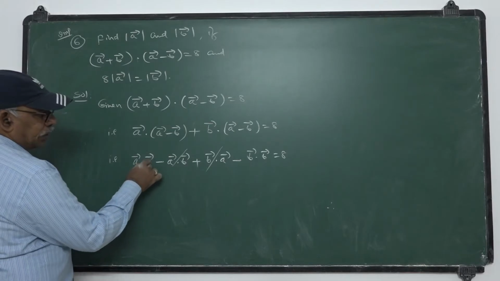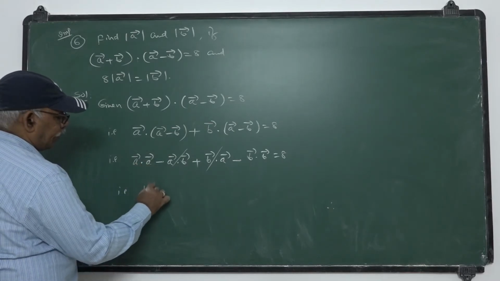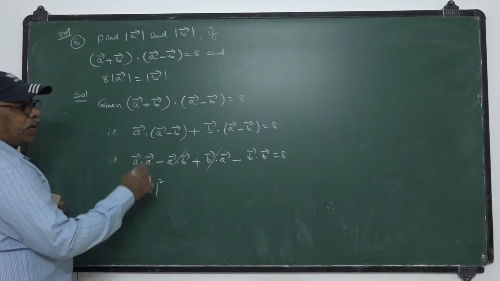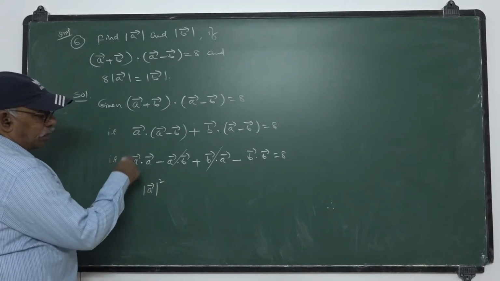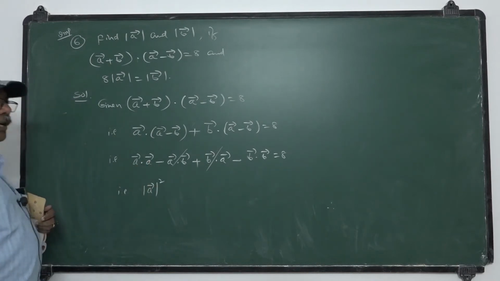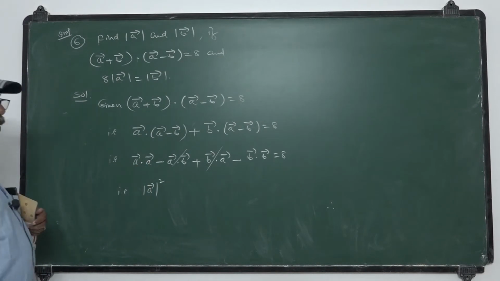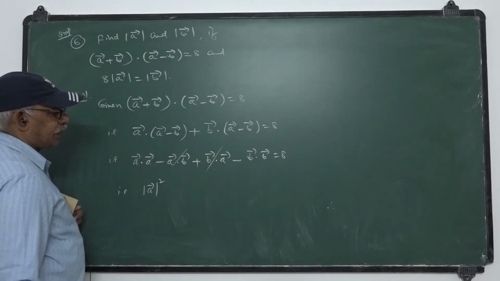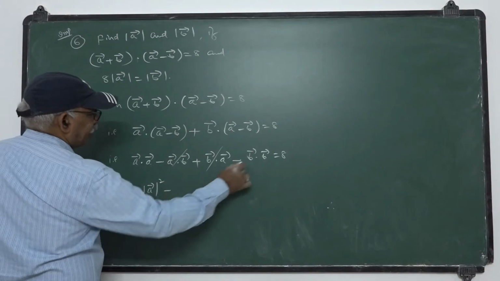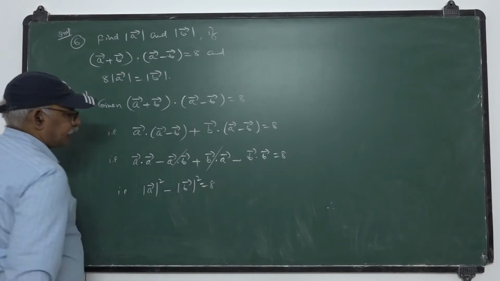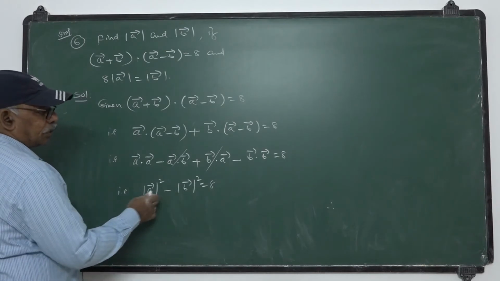That gives us A bar dot A bar, that is modulus of A bar square, because by definition of the dot product, mod A bar mod B bar cos 0. Angle between A and A is 0, so cos 0 is 1. Hence mod A into mod A is mod A square. Similarly, this is mod B bar square, is 8. These two are scalars.